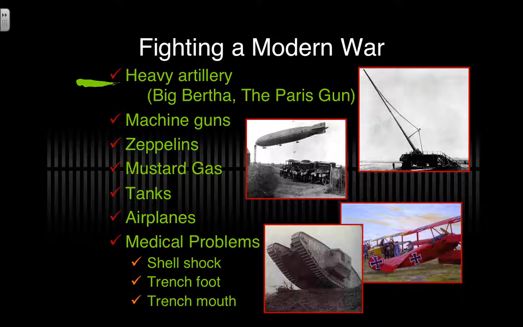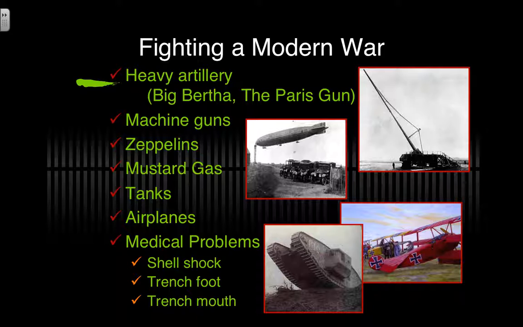The air combat, of course, began in the First World War. Balloons had been introduced in earlier wars, but in the First World War, it's the first time that we see aircraft being used, fighter planes, and then later bombers that were built specifically to attack long-range targets, and then, of course, the use of airships known as Zeppelins that would have been used to launch attacks across the English Channel into Great Britain.